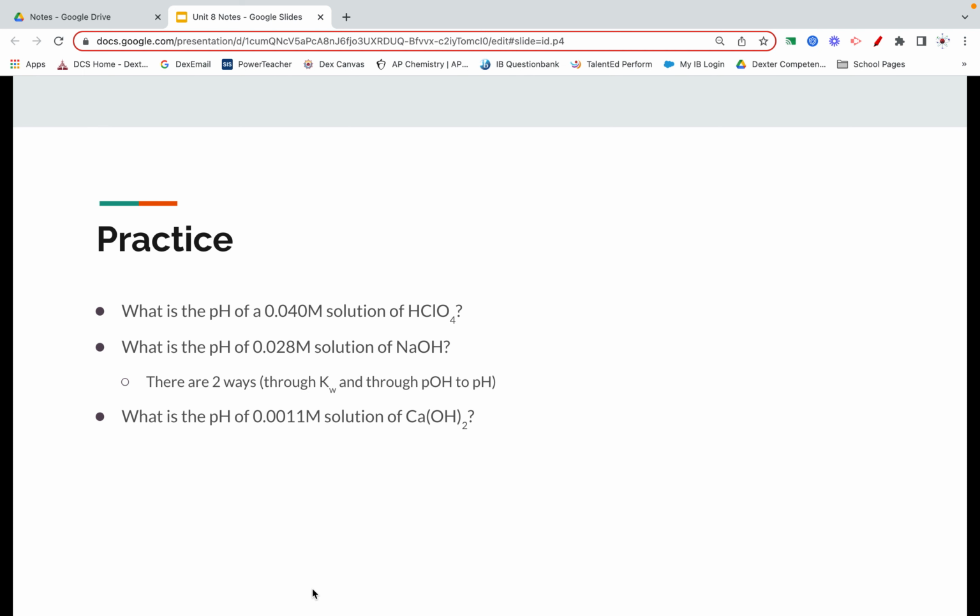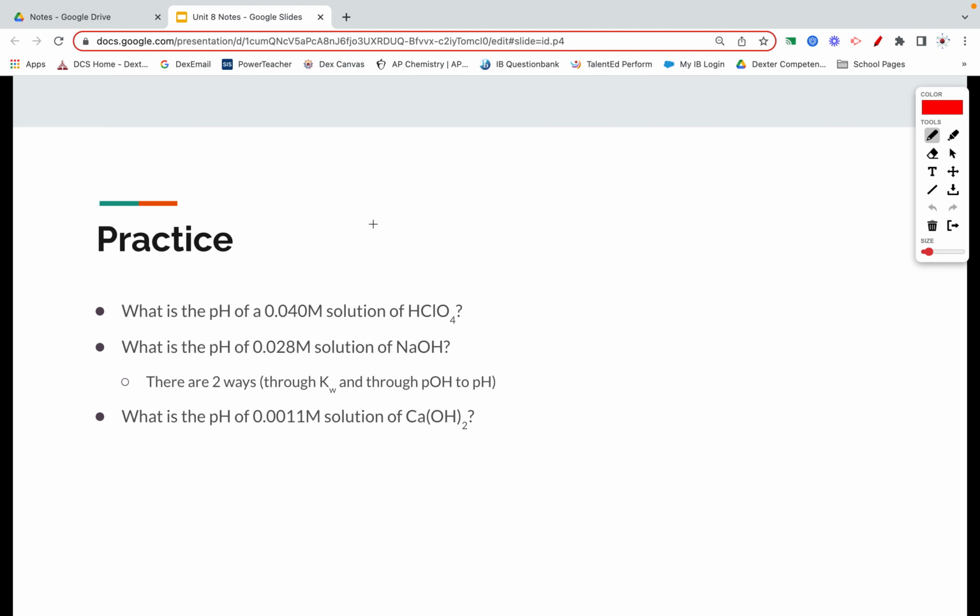So let's look at a practice problem. What is the pH of 0.04 molar chloric acid? Chloric acid is one of our strong acids.